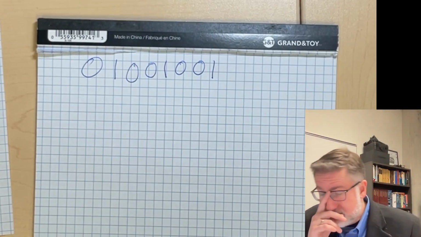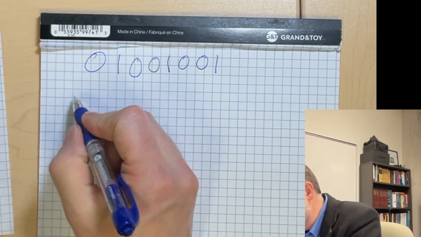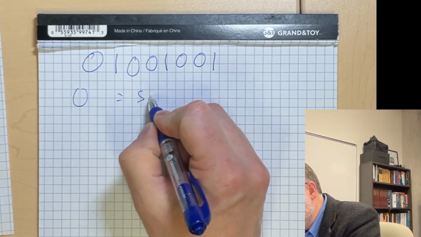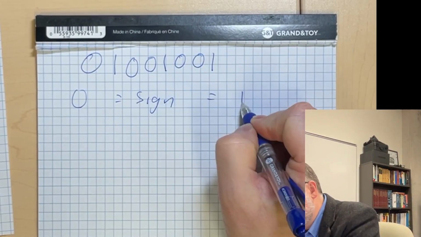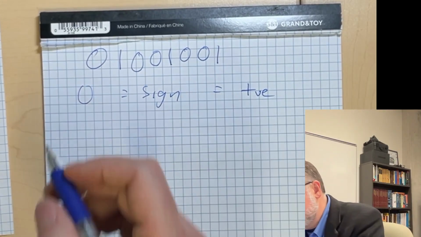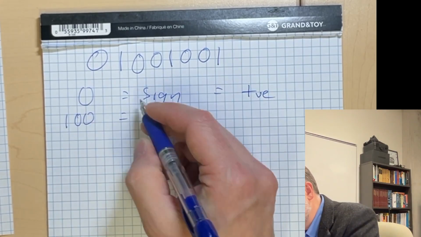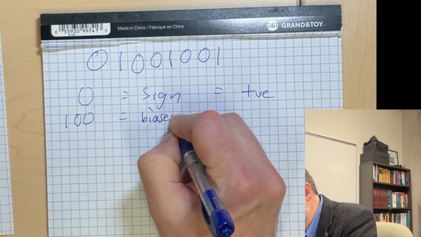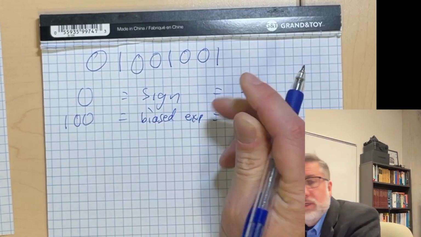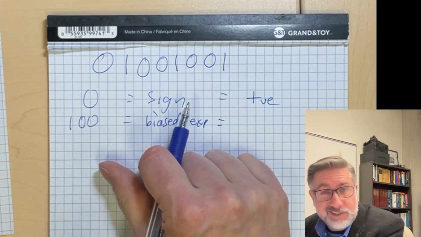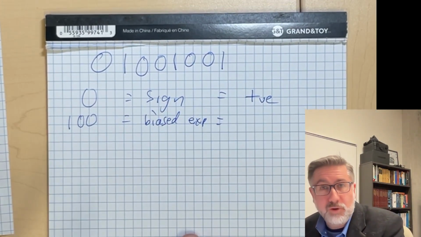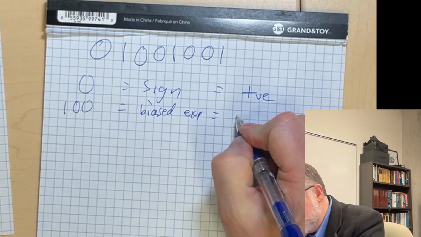And let's see what that is. First of all, we split it in pieces, right? 0 is the sign, positive. That's great. 1, 0, 0 is the biased exponent, which means the exponent is that minus the bias. So 4 minus 3 is 1, which is what we expect.